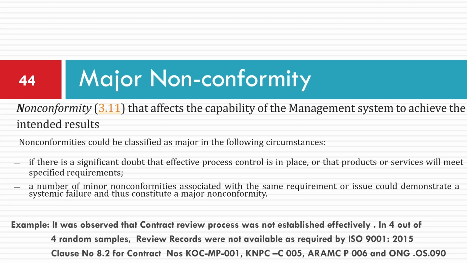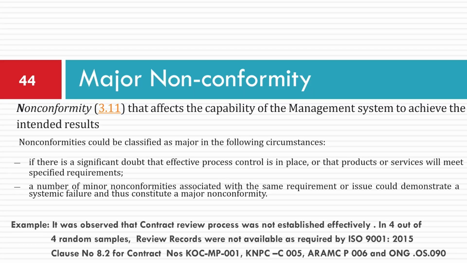You find the control of document has got a problem in almost all the departments. These are minor individually, but together this element is not well established. So this means when there are isolated deviations associated with the same requirement across the organization, minor non-conformities combined together can become a major non-conformity.